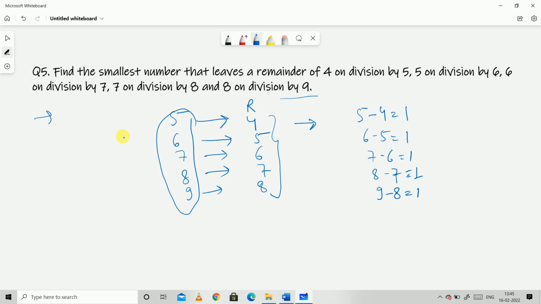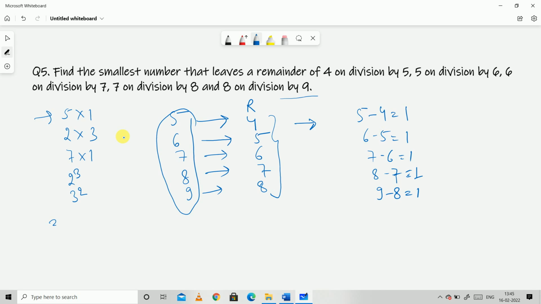Now let's find out the LCM of 5, 6, 7, 8, 9. Here you can simply use the prime factorization method, as the numbers are very small. For 5 it is 5 into 1. For 6 it will be 2 into 3. For 7 it is 7 into 1. For 8 it's 2 cube. And for 9 it's 3 square. So what will be my LCM?